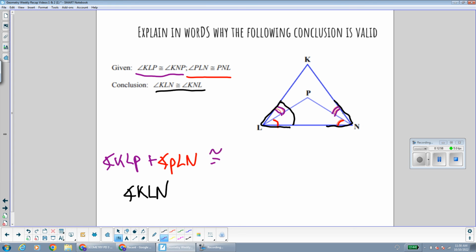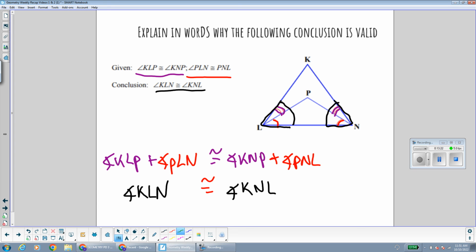And over here, if we start with the purple angle, KNP, and to KNP, if we combine it or add it to this red angle, which is PNL, what we get is this whole big black angle, KNL, that we were interested in.